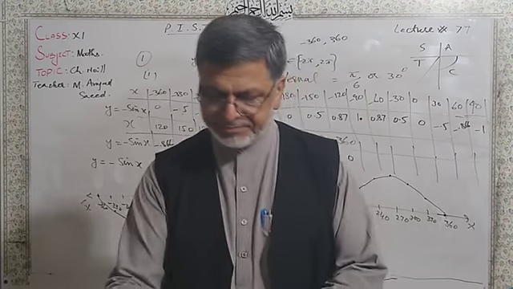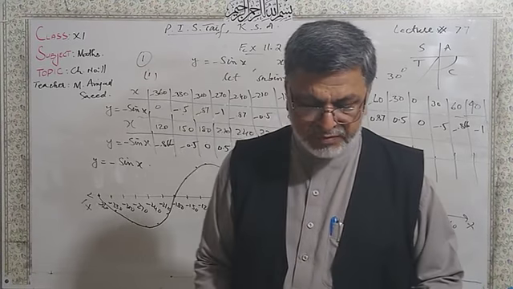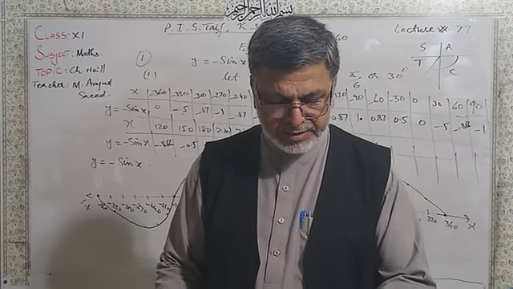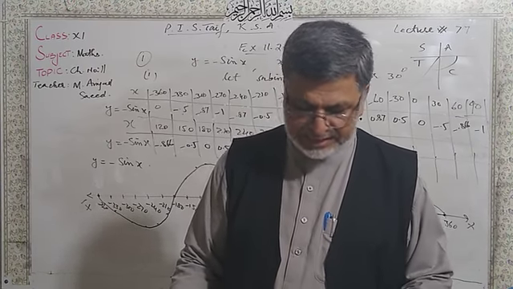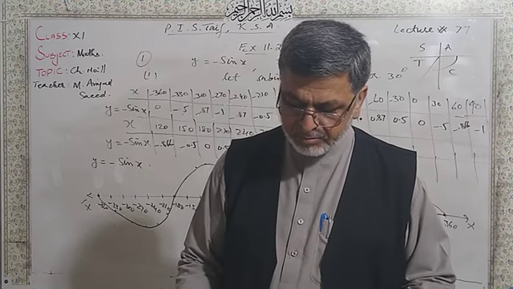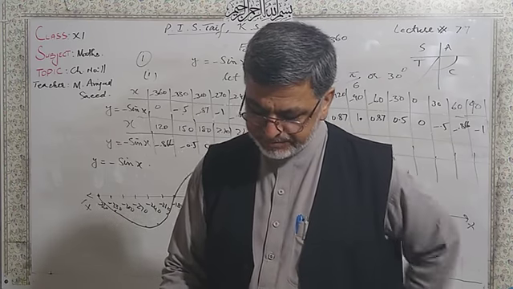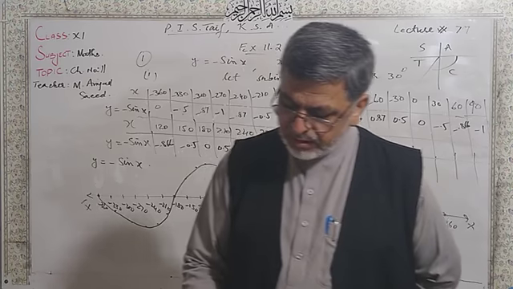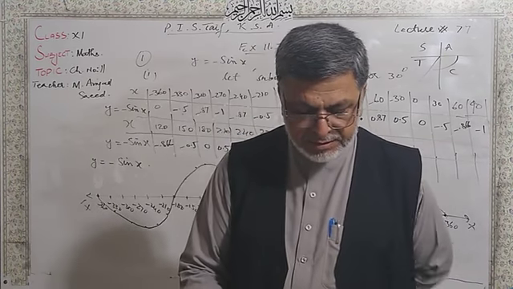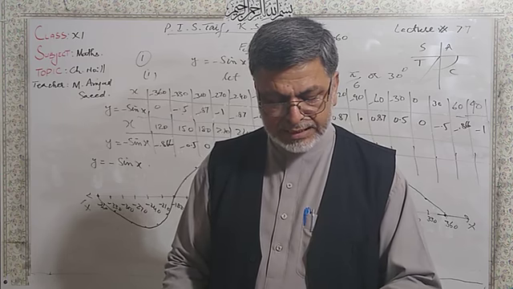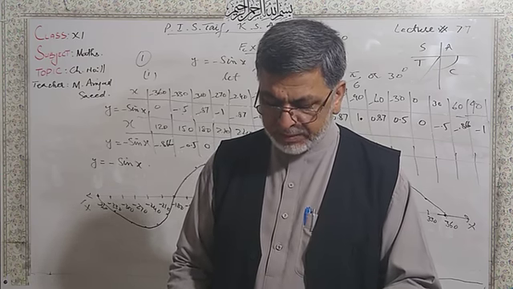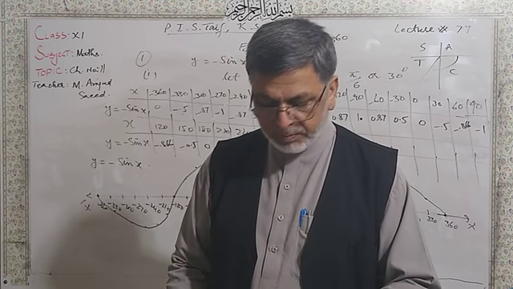After this, we have part number 3 and 6. Part number 3 is y is equal to tangent 2x, x is equal to minus pi to plus pi.